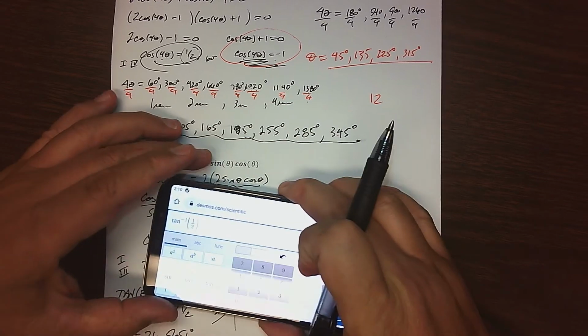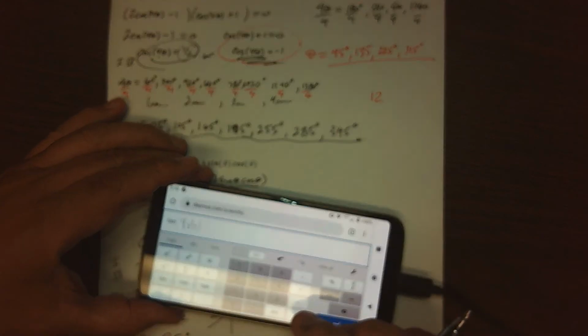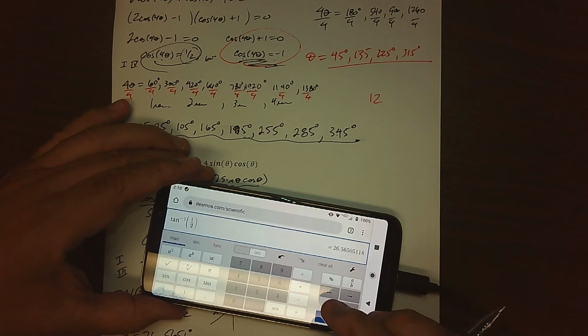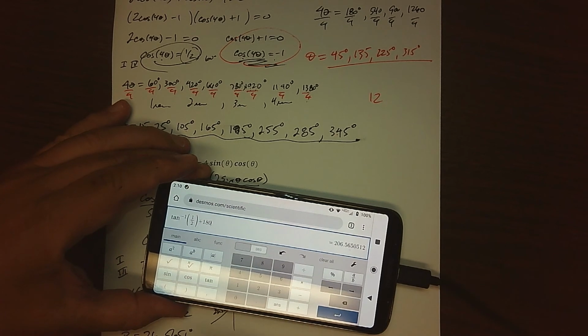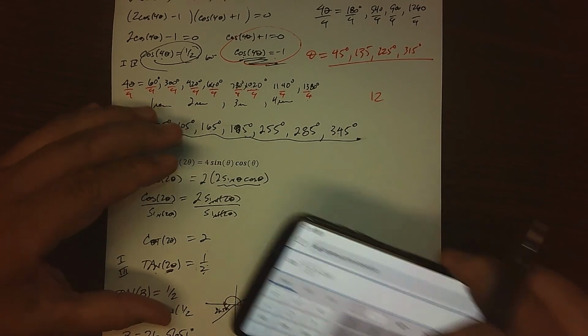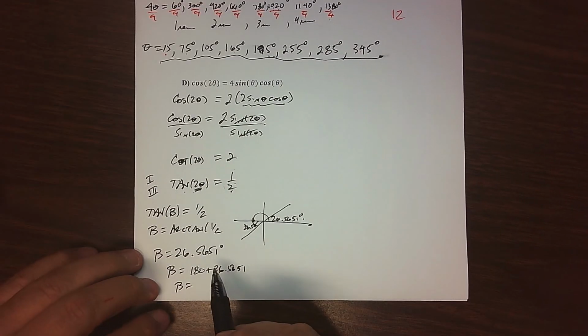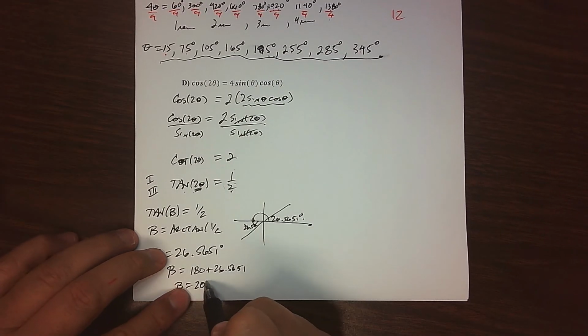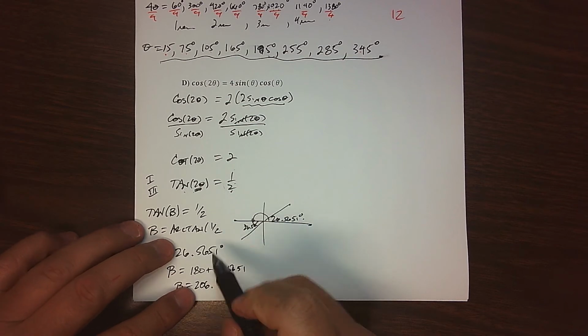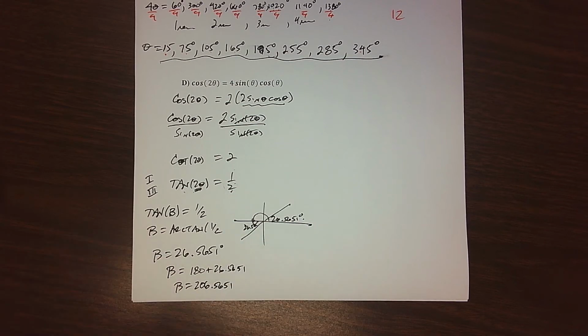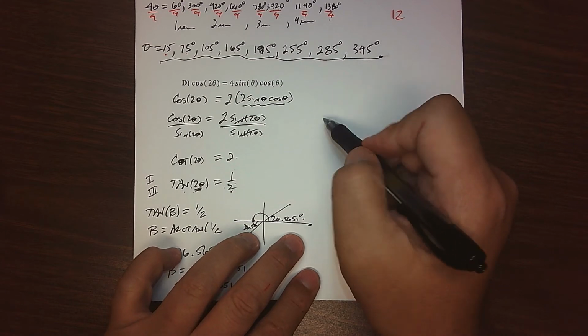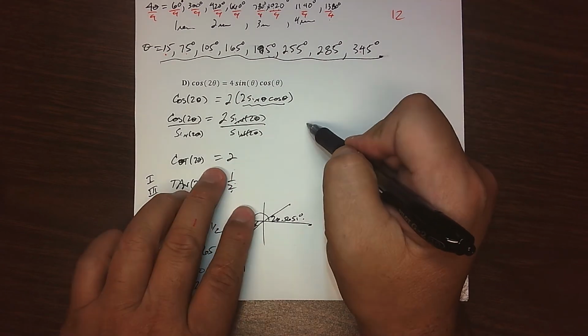Let me add 180 to that, and so we're getting the other beta value. Let me come back up here. Sorry, I lost you guys. The other beta value is 206.5651.